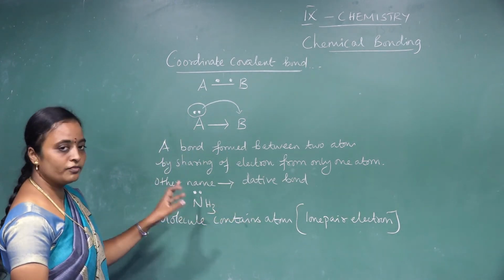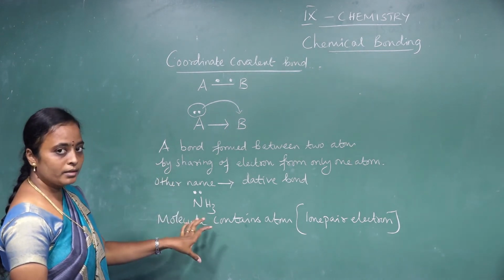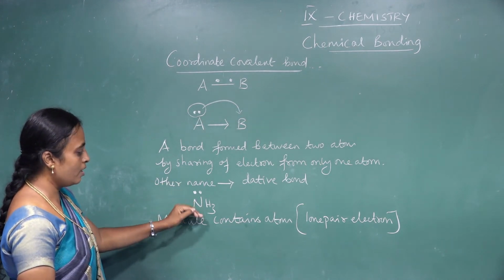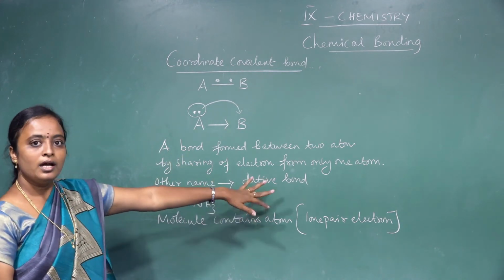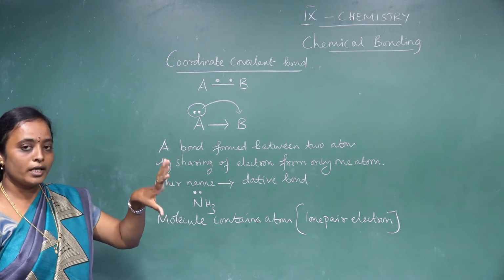So in a molecule, any one of the atoms should have a lone pair of electrons. Those lone pair electrons are shared with another atom, and by using this we can form a coordinate covalent bond.